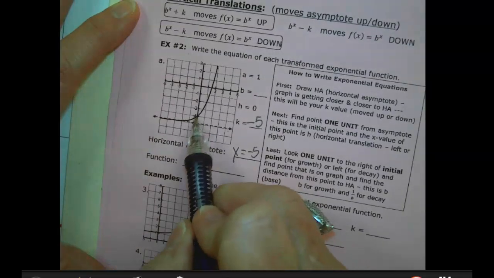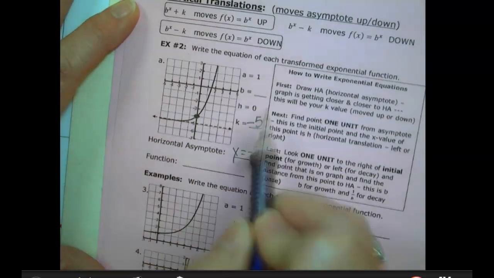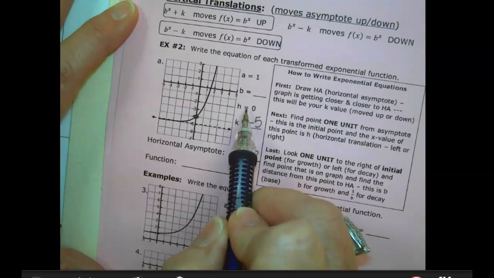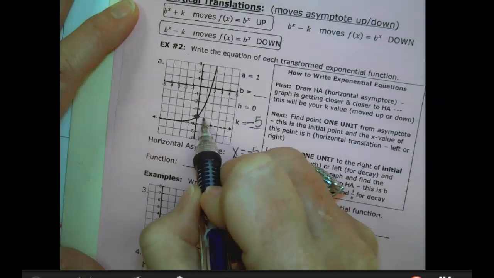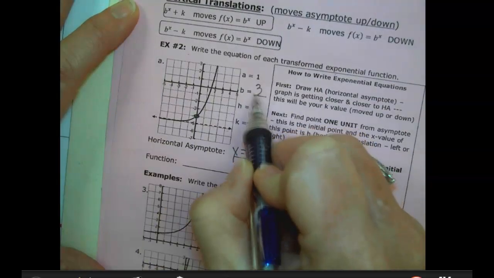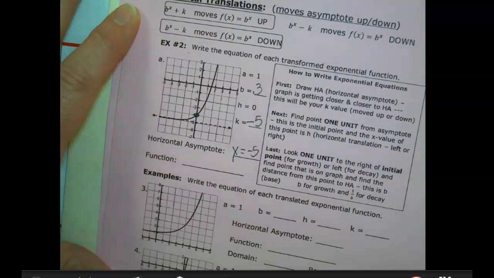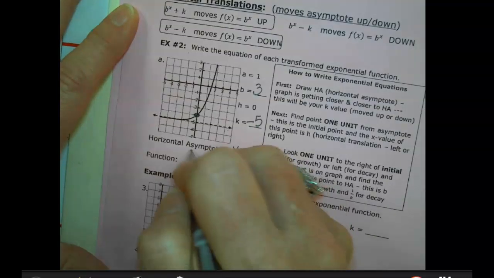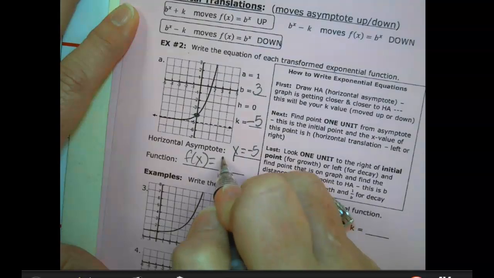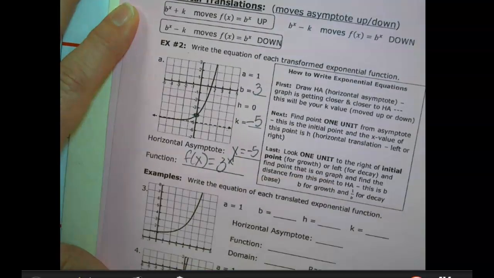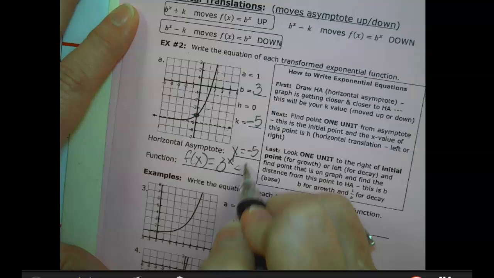So my 1 is right here on 0. It hasn't shifted off the axis. And so I'm going to count from here, 1, 2, 3, so my b is 3. So I'm going to have f of x equals 3 to the x, we didn't shift it left or right, and then minus 5.